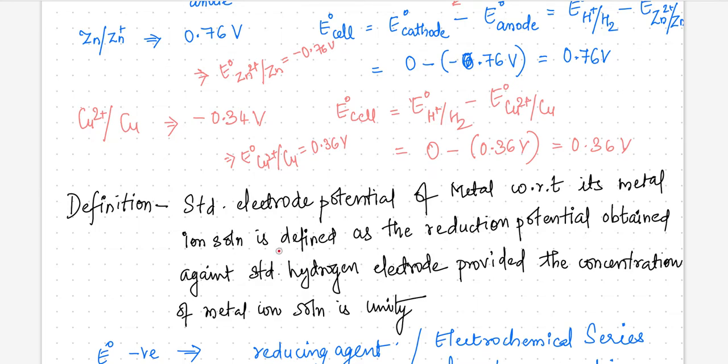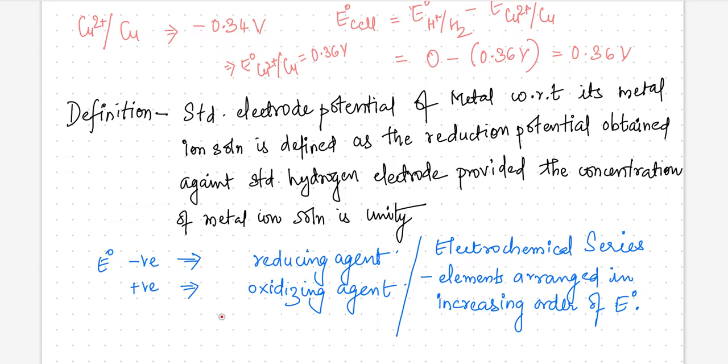Now, how it is useful, let us try to understand some of its applications. When it comes to the E naught values, if we have a negative E naught value, what it signifies is that it's a reducing agent.